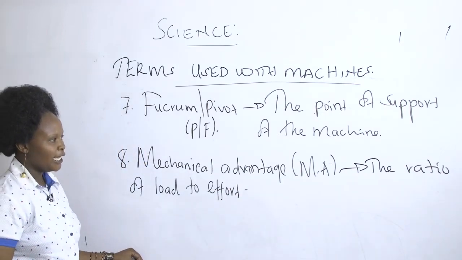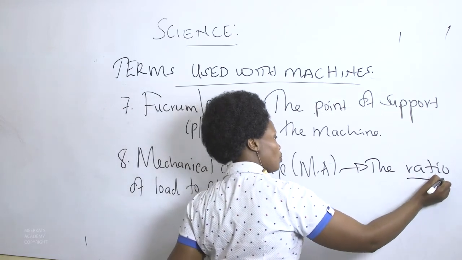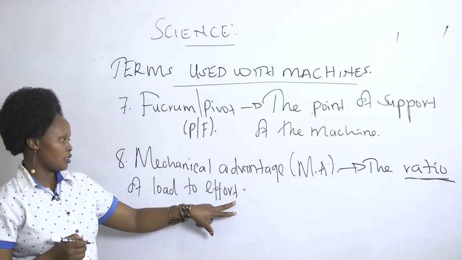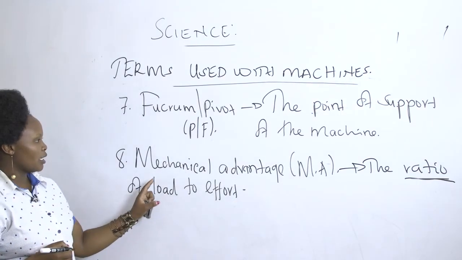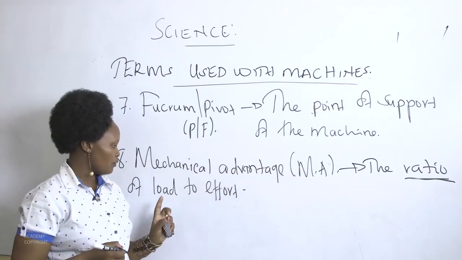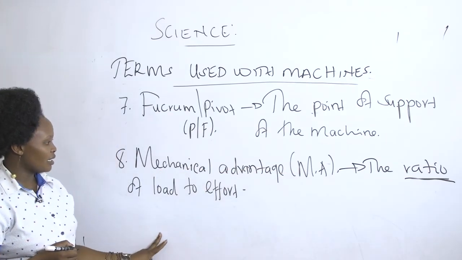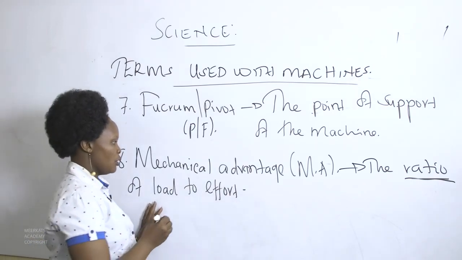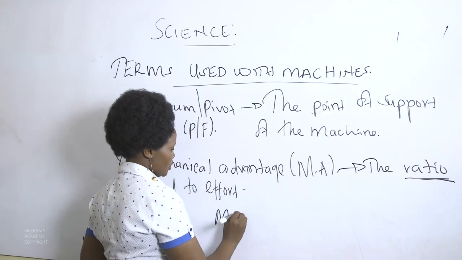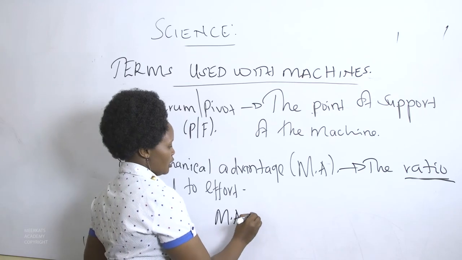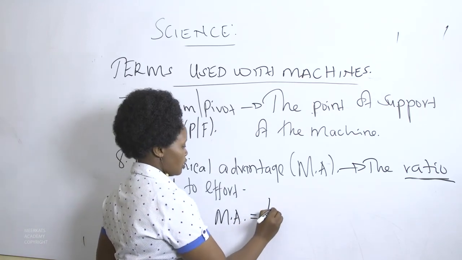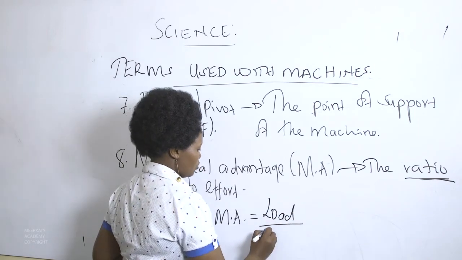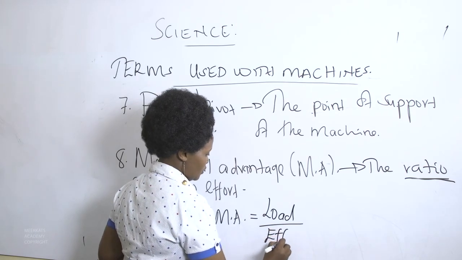Remember, load and effort are both forces. Therefore, if mechanical advantage is the ratio of the two, then it is a ratio of two forces. Therefore, it does not have units. And if it is a ratio, then it is going to be given by load over effort.